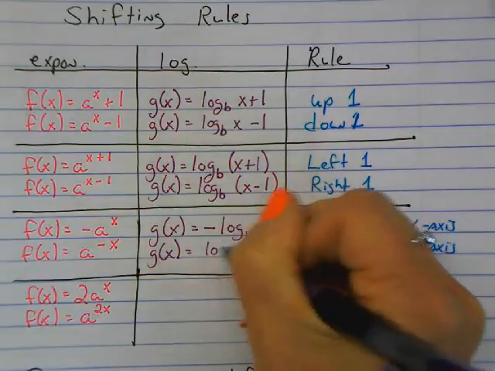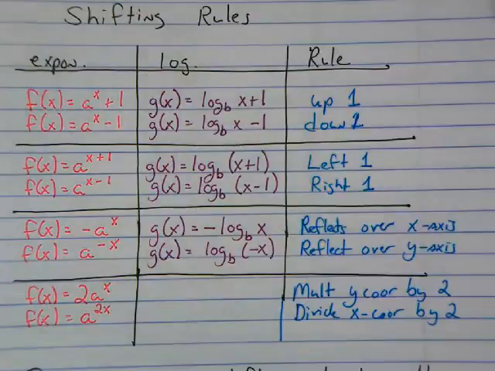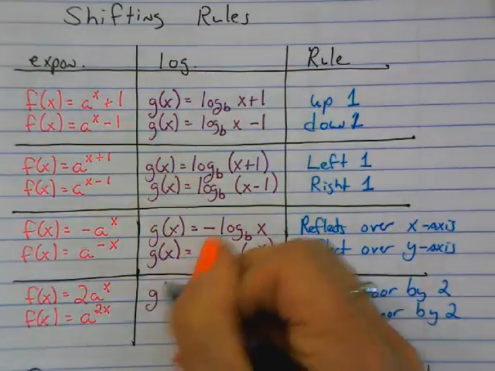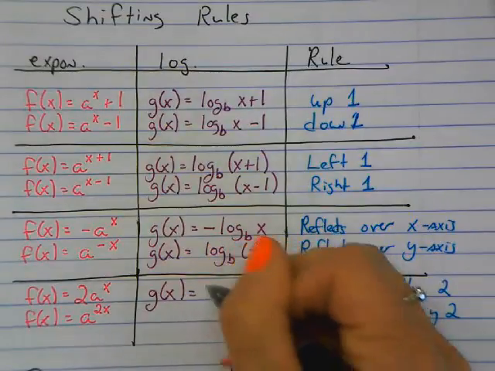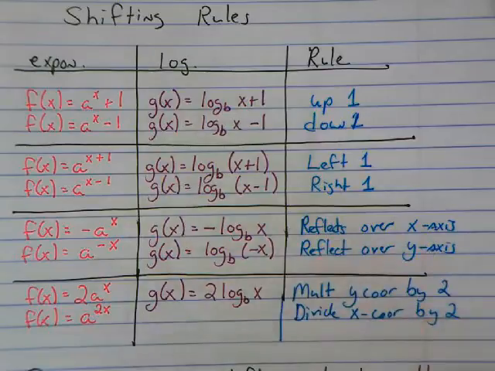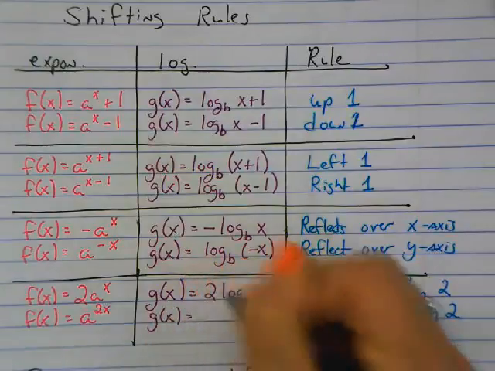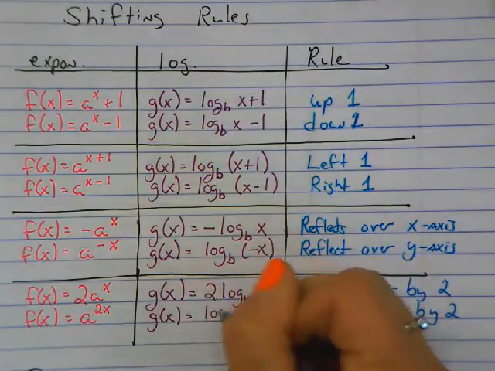And then finally, to do your stretching and your shrinking, it would be 2 times the log b of x. That would make us multiply the y-coordinate by 2. And then if I wanted you to divide it, I'm going to take that 2 and put it into the function. Okay?